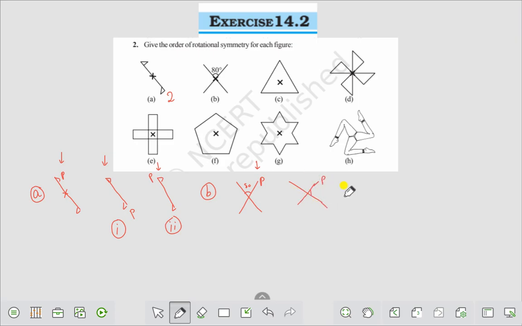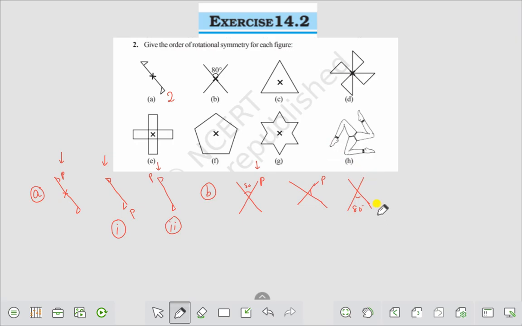Again, we move this one. Again, if we move this one, again we move this one, then this will come here. This is 80 degree. It doesn't show like this, right?